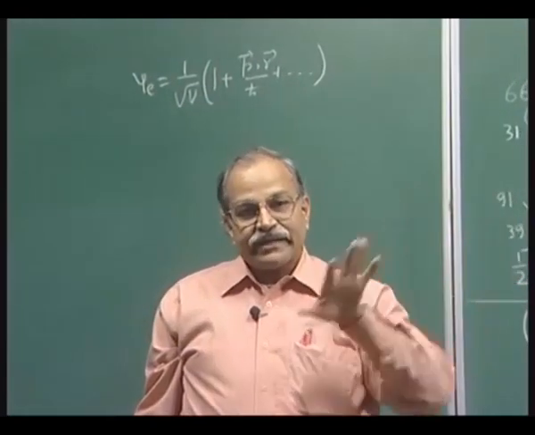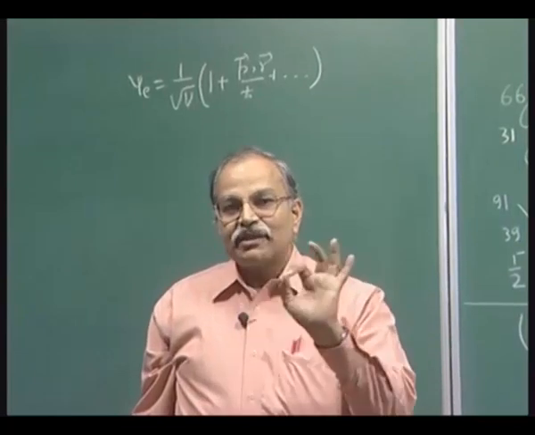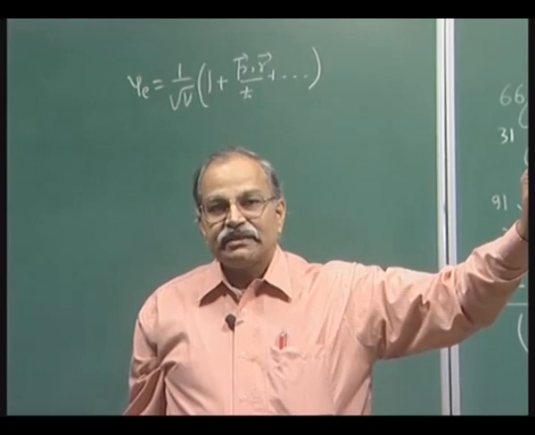So, in that case, with respect to this daughter nucleus, the orbital angular momentum of these particles will be 0.